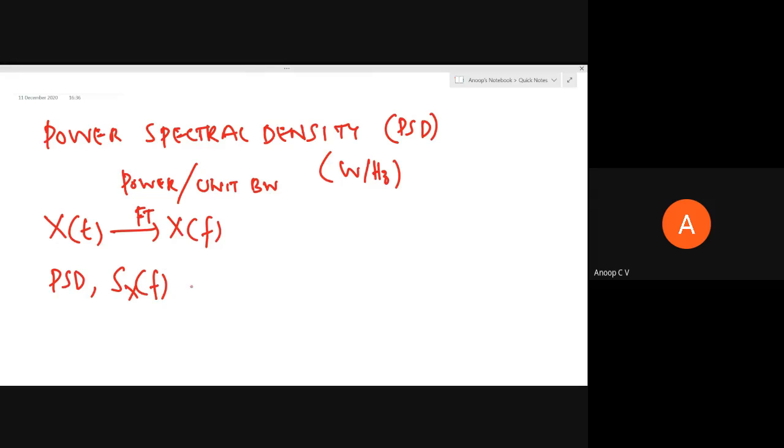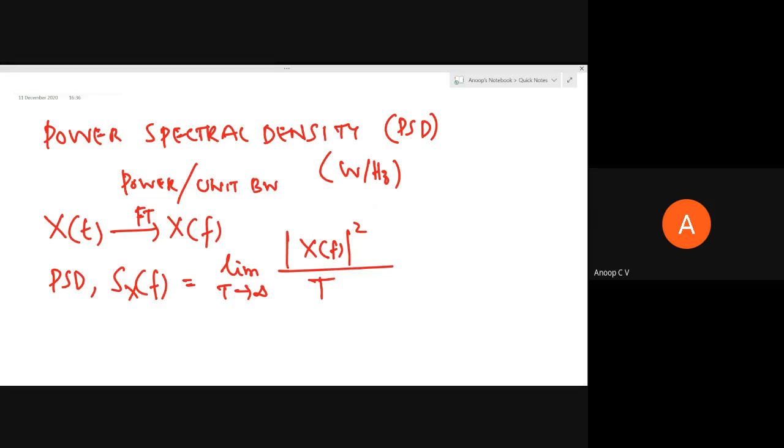By definition, it is the limit as T tends to infinity, where T is typically the period if we are considering that random process as a periodic signal, of mod of X of f square divided by T. This is the definition of power spectral density.